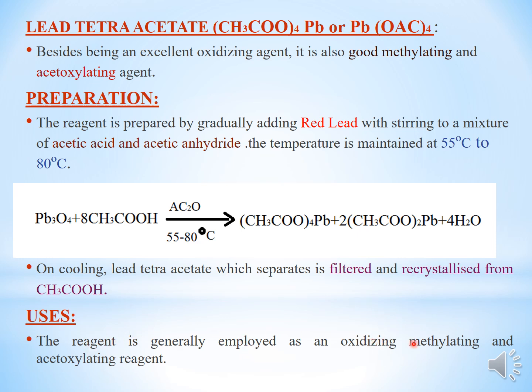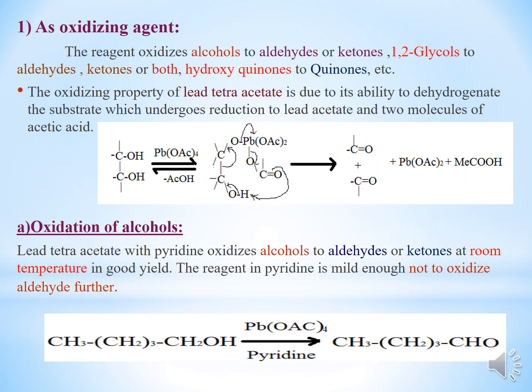Okay, so here, what are the uses, what can it do? I have said it is a good methylating and acetoxylating reagent, so it will do that job; it is employed for that purpose. Here as an oxidizing agent, when an alcohol undergoes treatment with lead tetraacetate, it will result in aldehydes or ketones.